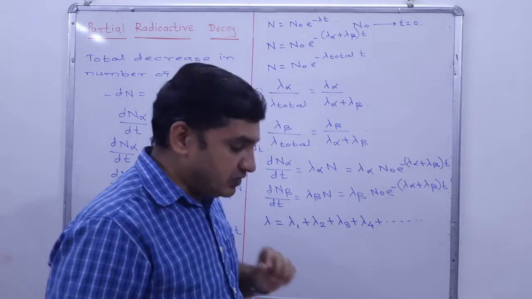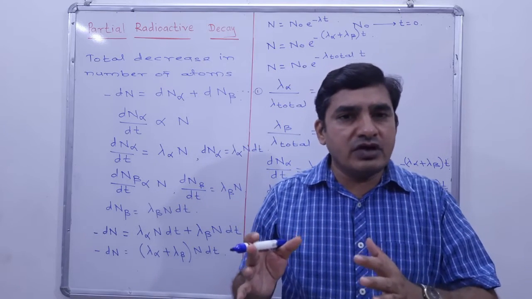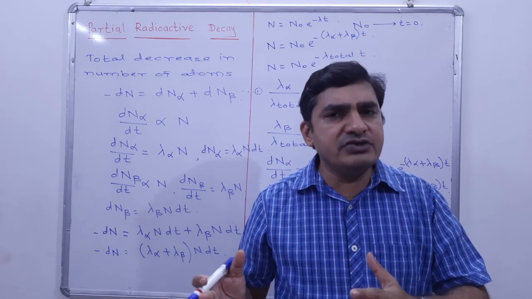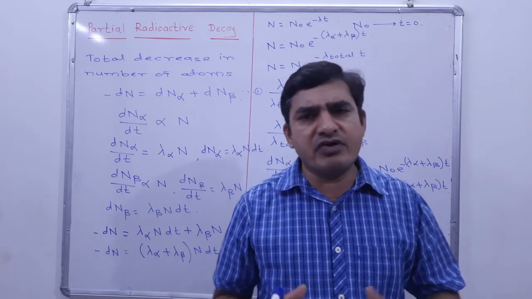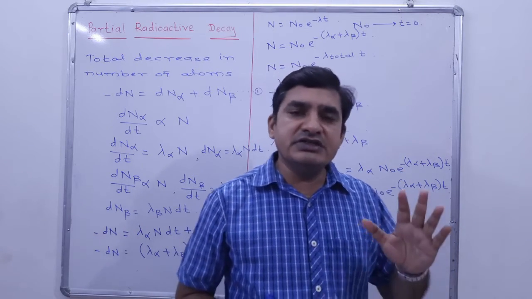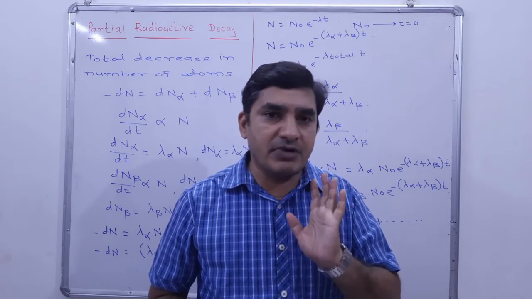We know that according to half-life, that is the time required for the radioactive substance to disintegrate to half of its original value, capital T is equal to 0.693 divided by lambda.